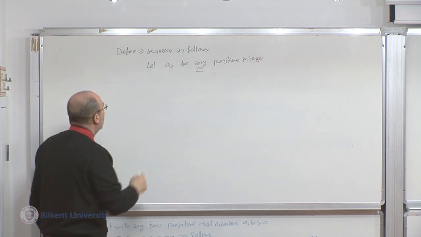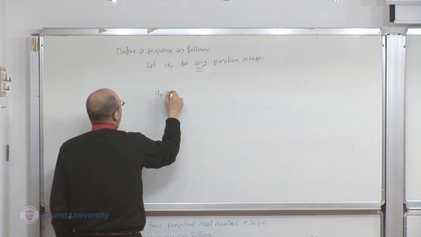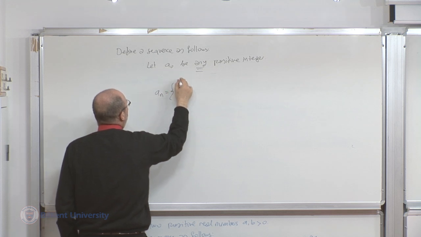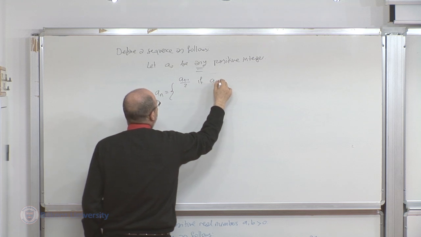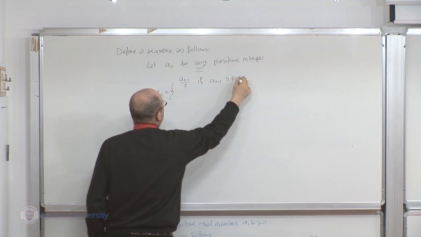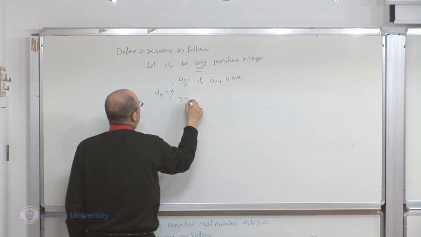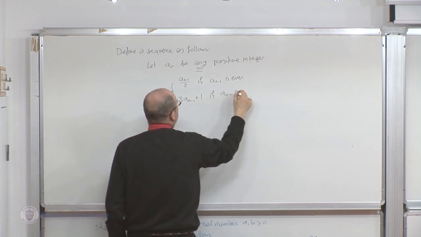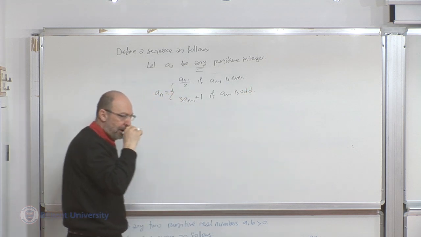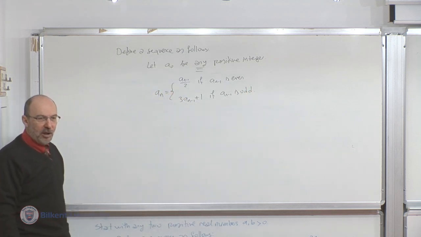Then a_n is defined as follows. This is a_{n-1} over 2 if a_{n-1} is even, 3a_{n-1} plus 1 if a_{n-1} is odd. Okay, so do you recognize this? Did you see this anywhere?